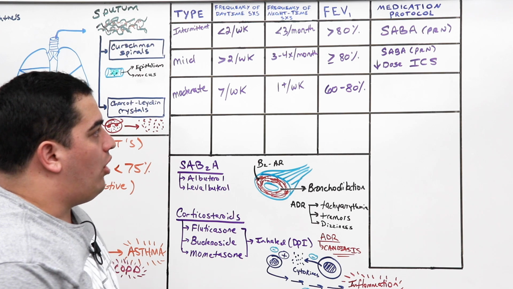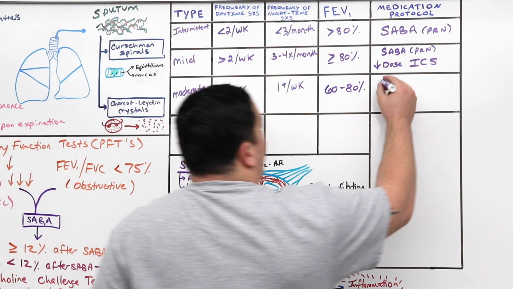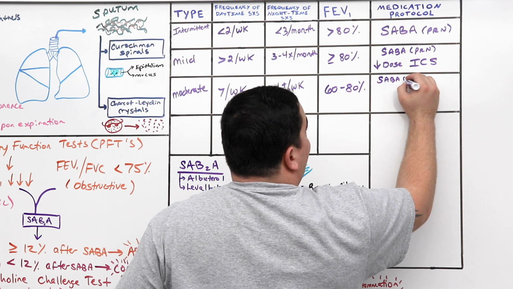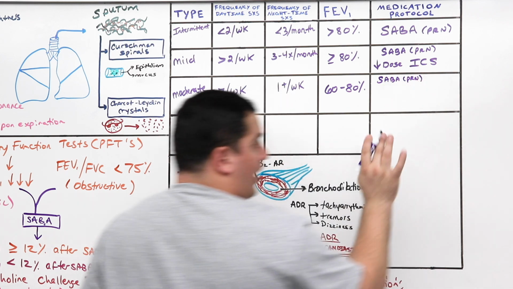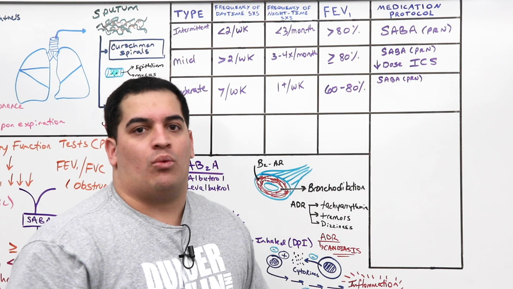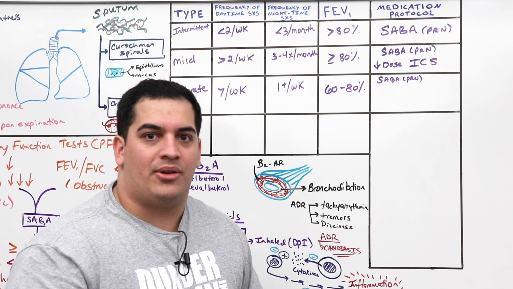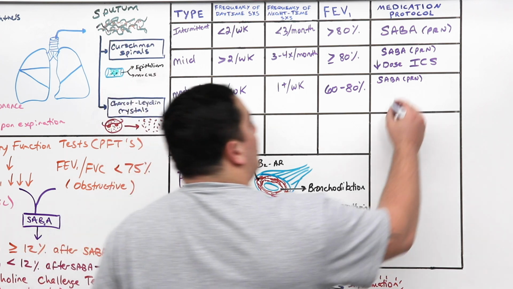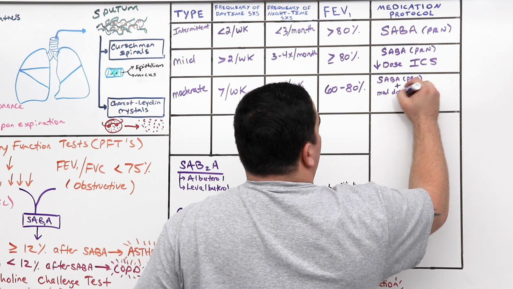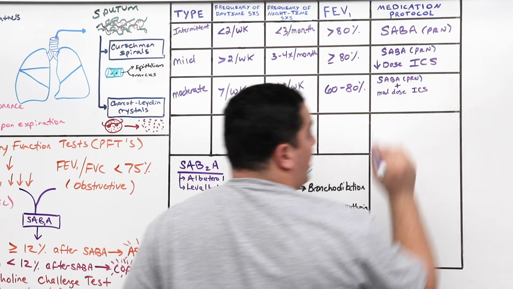Now the medication protocol here is we have 2 options. We're going to stick with the SABA and give that PRN. Okay? But if the low dose inhaled corticosteroid wasn't working, what should we do? Bump up the dose. So then we're going to do a medium dose inhaled corticosteroid.